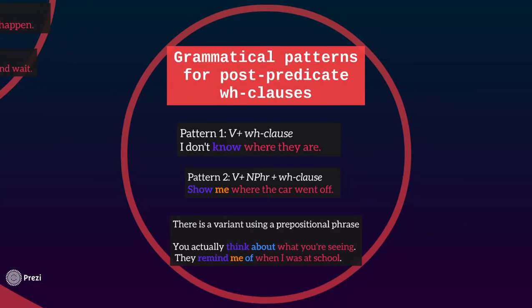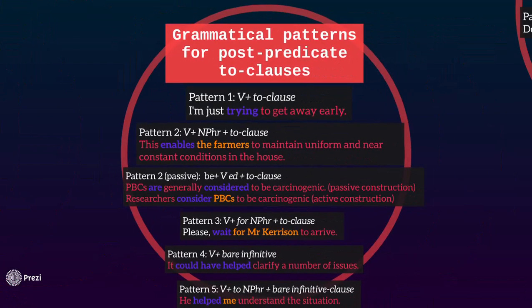Regarding WH clauses placed in post-predicate position, these are the most common patterns. In general terms, to-infinitive clauses placed in post-predicate position are the commonest and they have more patterns to follow. These are the most common patterns for to-infinitive clauses placed in post-predicate position.